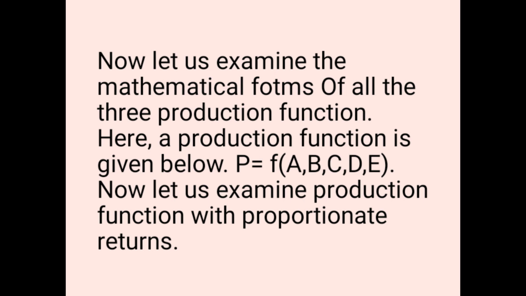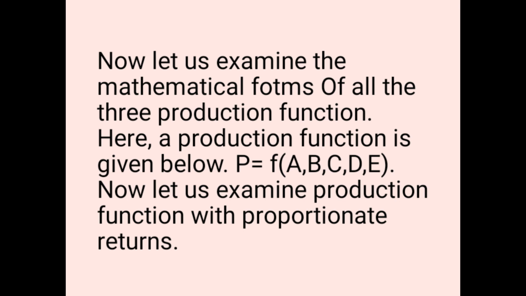So this kind of production function is linear, that is straight, and homogeneous production function. It is also called homogeneous production function of first degree. It can be written as follows.